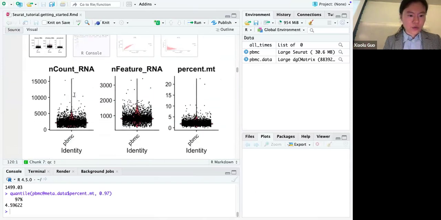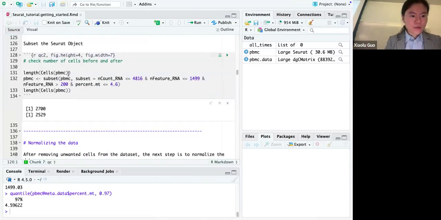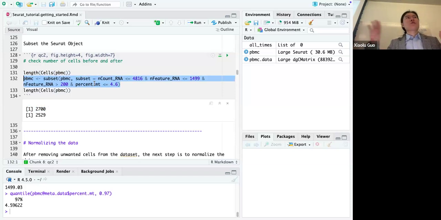After we got that, we can further explore this one. Here we calculate how many cells we have before filtering. There are in total 2,700 cells. Then we do the quality control, which means we remove outliers and low quality cells.